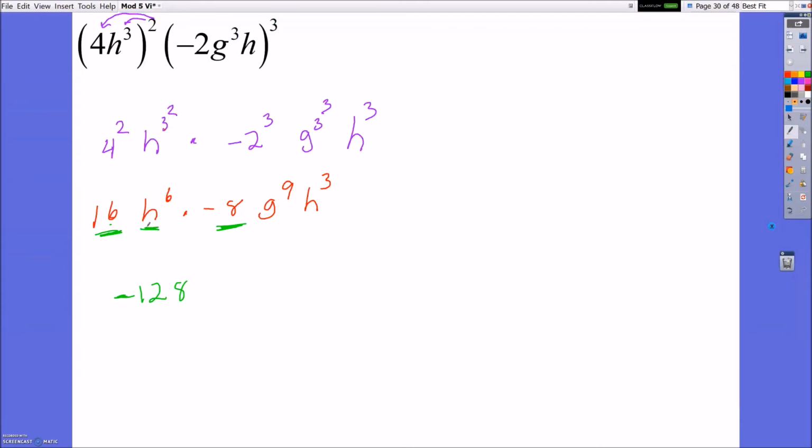I now have h to the sixth times h to the third. Remember, when I have variables with exponents and they are the same base, I'm going to add their exponents. So that's going to be h to the ninth power. And then I still have this g to the ninth. I can't combine it with anything, so I'm just going to write g to the ninth.